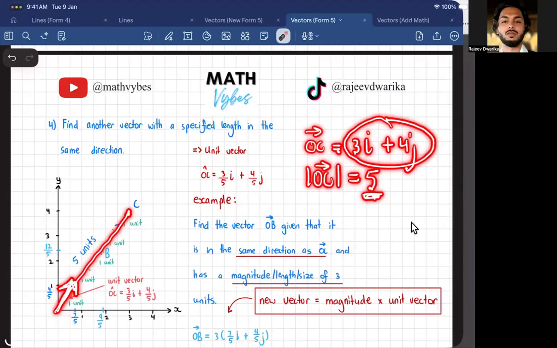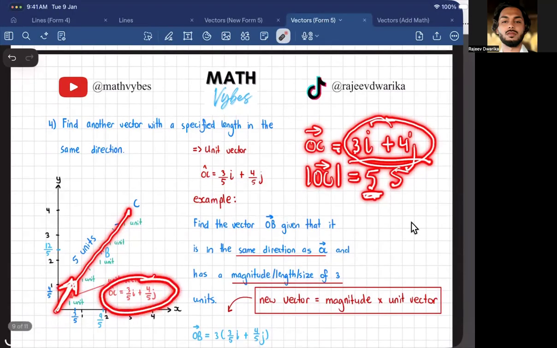Great. So we're going to take OC and divide it by 5, and that's how we got 3 over 5i plus 4 over 5j. That's what happened. You see it with me so far?